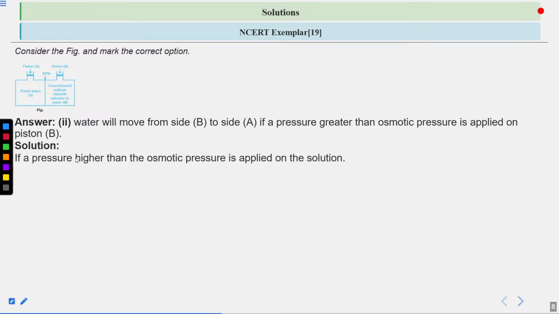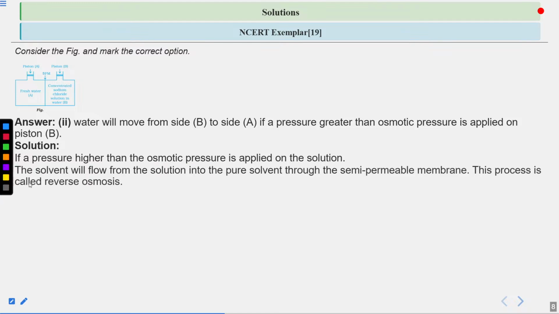So, if a pressure which is higher than the osmotic pressure is applied on the solution, what will happen? The solvent will flow from the solution into the pure solvent through the semi-permeable membrane, and this process is called reverse osmosis. We are talking here in this question about the osmotic pressure. What is osmotic pressure?